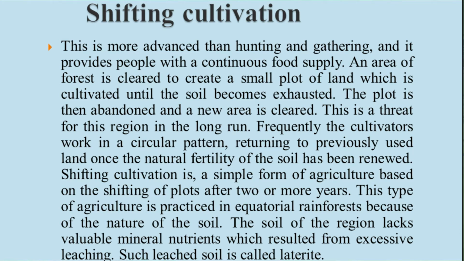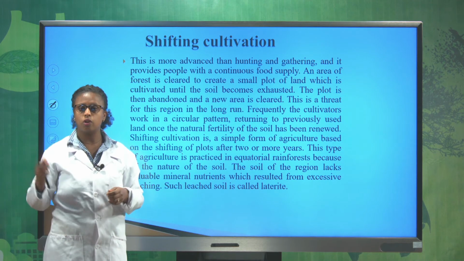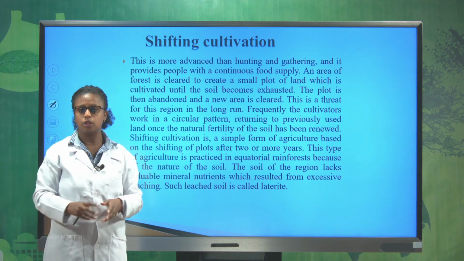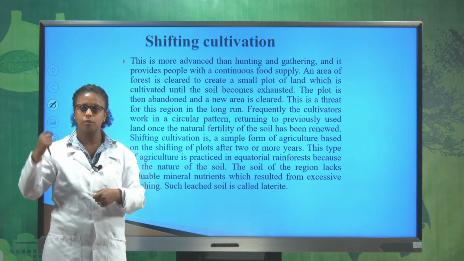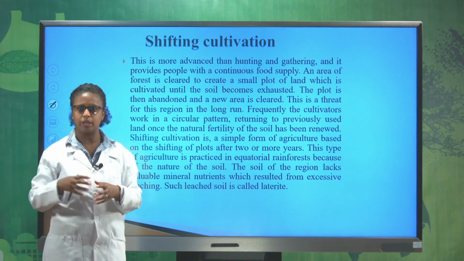But most of the people, in order to get farmland, destroy and clear forests until the soil is exhausted. They use the land, but after 2 years, they shift to other places. Again, they clear the forests, and after 2 years, they shift again.